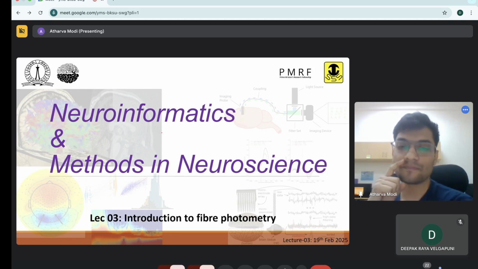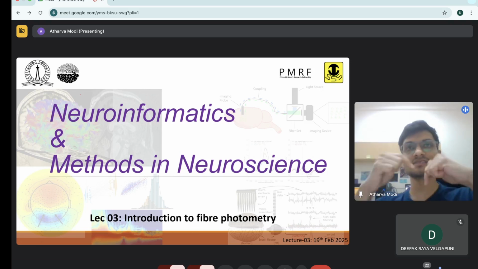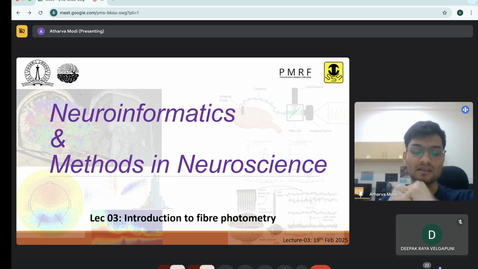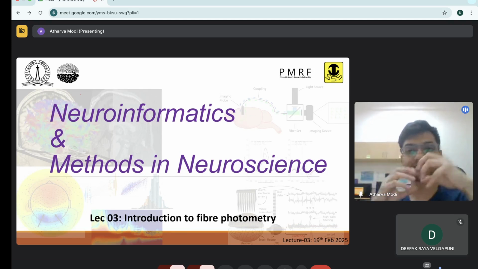So there are of course other ways, like invasive ways in which you can just put electrodes into the brain. Again, electrical measurements are there. There are other measurements using light instead of imaging. So when you send light signals, electromagnetic wave signal inside the brain, it produces heat inside the tissue.